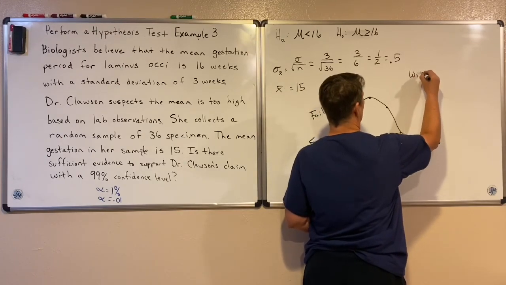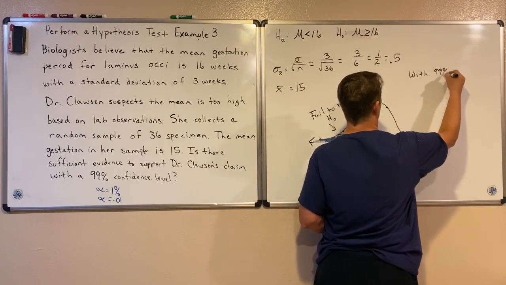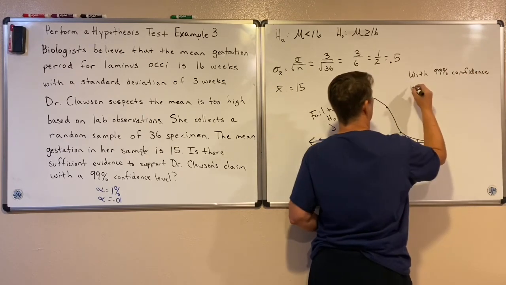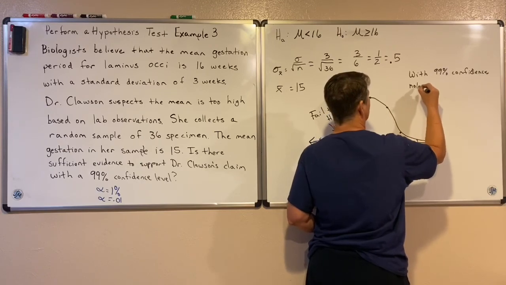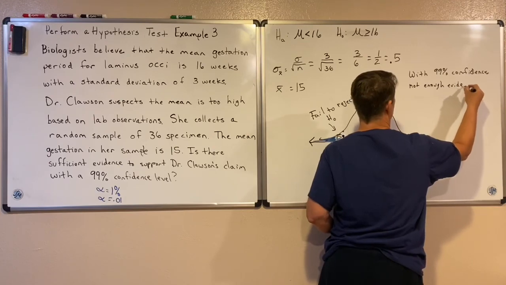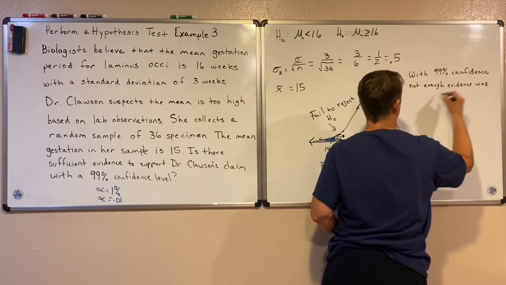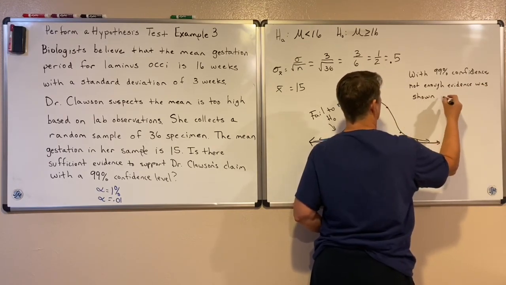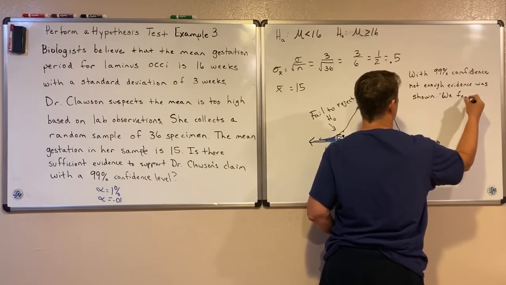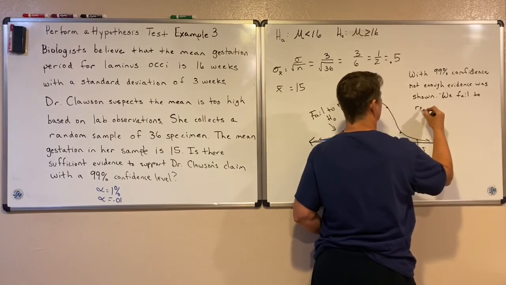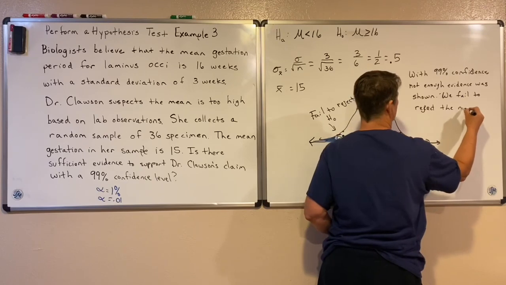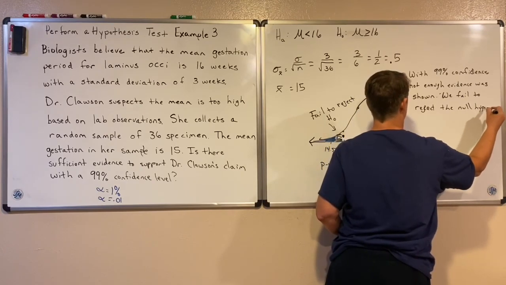So with a 99% confidence level, not enough evidence was shown, we fail to reject the null hypothesis.